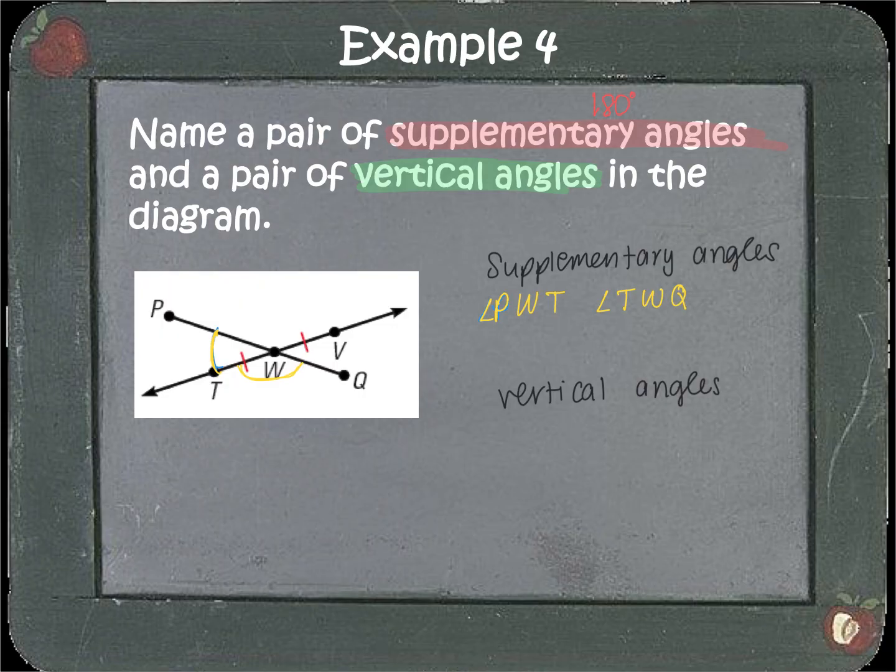And my vertical angles could be, let me change this color. Vertical angles can be angle PWV and angle TWQ. So they're sharing the same vertex, but they're not sharing the same sides. That's vertical. Okay, sharing the vertex, but not sharing the same sides.